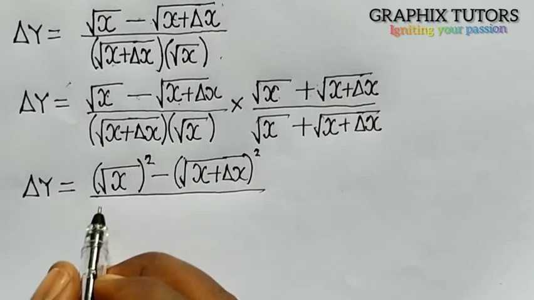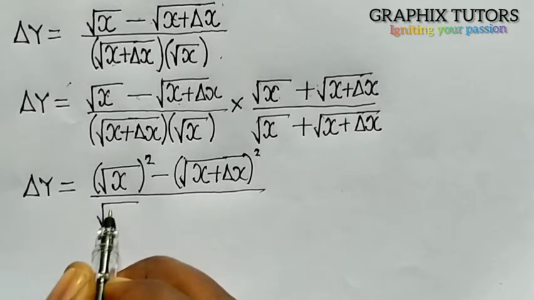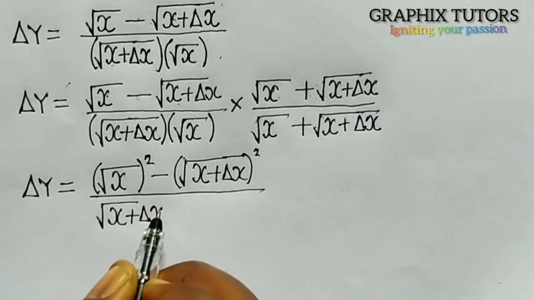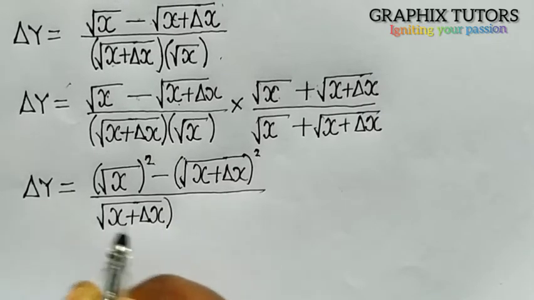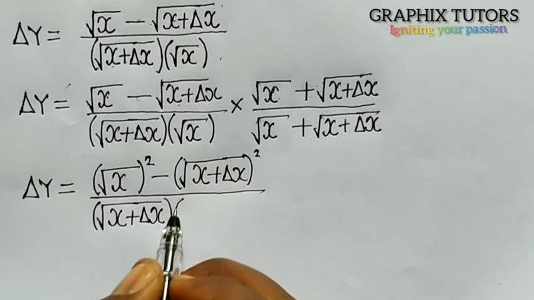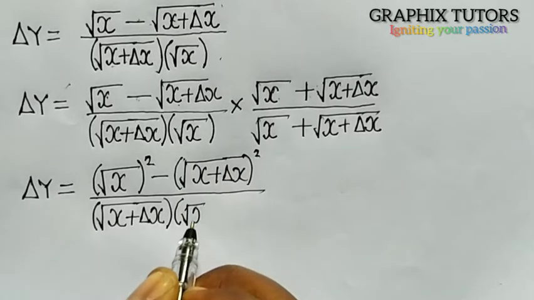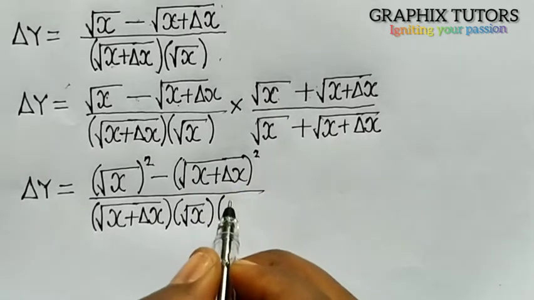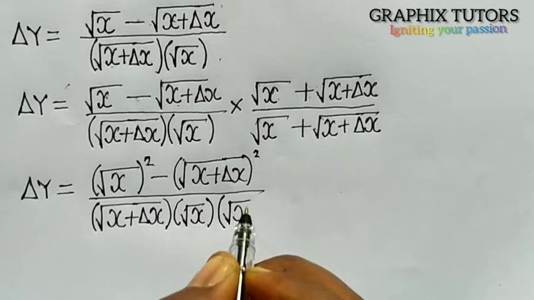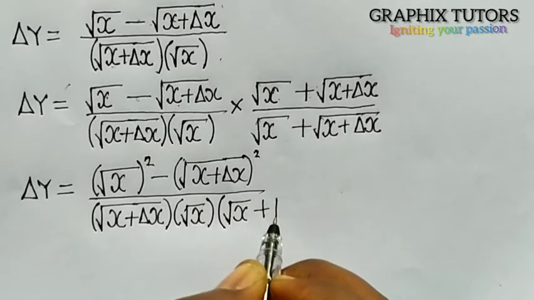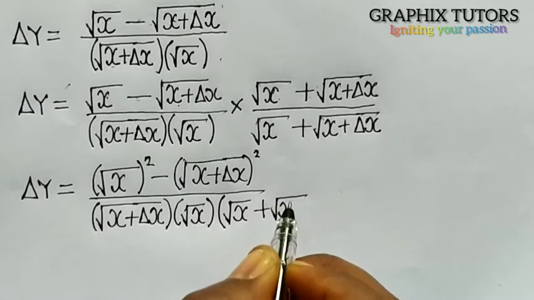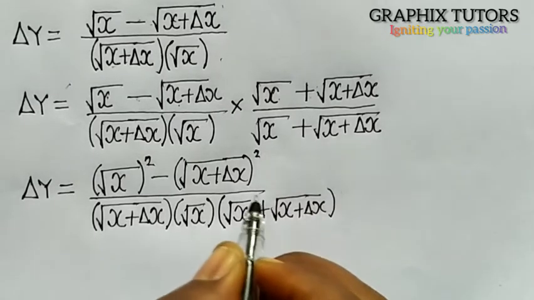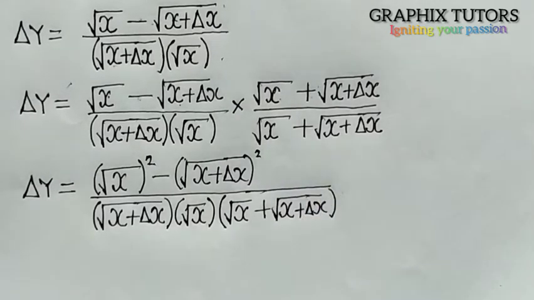So this will be the square root of x plus delta x, right, into bracket, the square root of x, multiply by this guy here, which is root x plus root x plus delta x. So this is what we have here. Are we good?